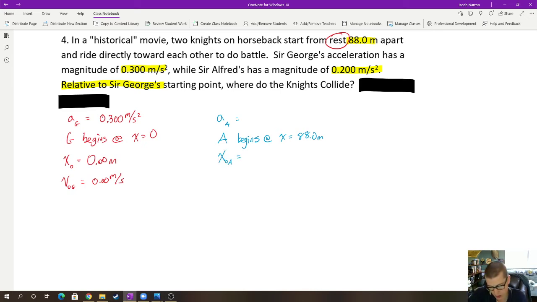Okay, there we go. And because he's starting away, that means he's still going to have the same magnitude. I'm not changing the magnitude of his acceleration, but I am going to give it a negative sign. So it's going to be negative 0.200 meters per second squared. Okay. Also, Alfred is also starting from rest. So V naught for Alfred, V naught A is going to be equal to 0.00 meters per second.